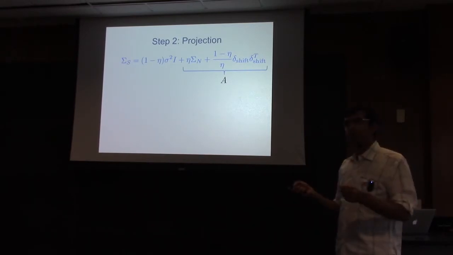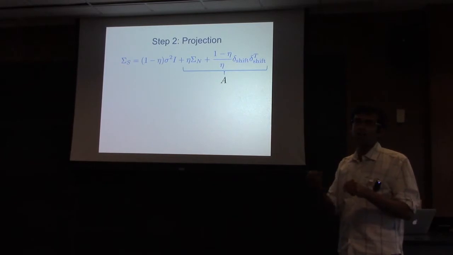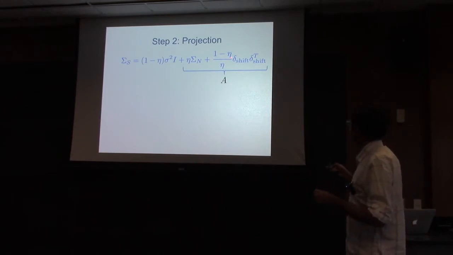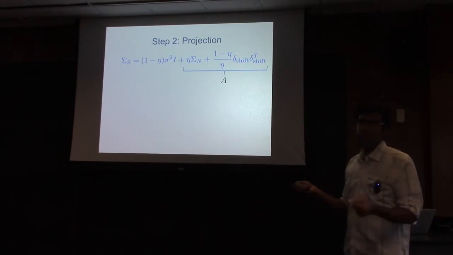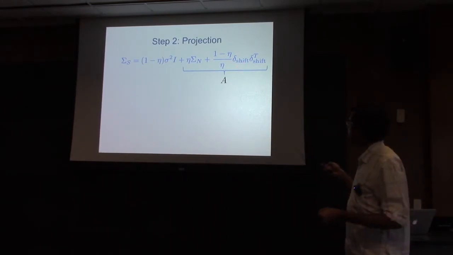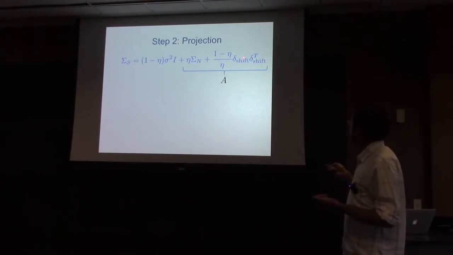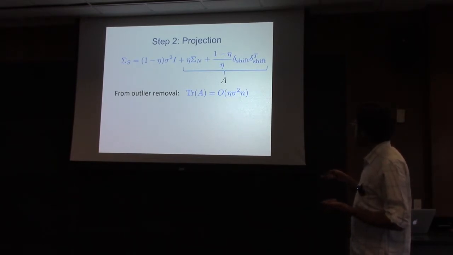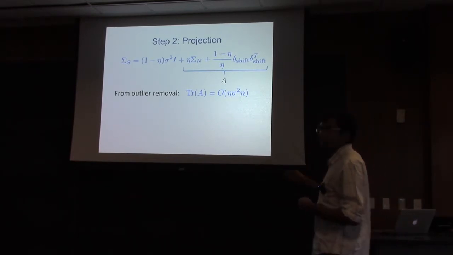Now that will be eta times the mean of the Gaussian minus the mean of the noise. And since every point is within sigma square root n away, the length of the delta vector is like sigma square root n. So the trace will be eta square sigma square n. So the trace of this whole matrix A, we can bound by eta sigma square n.